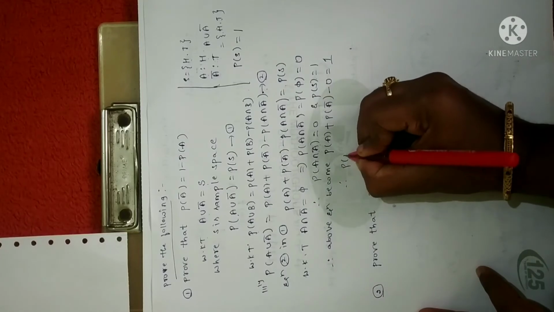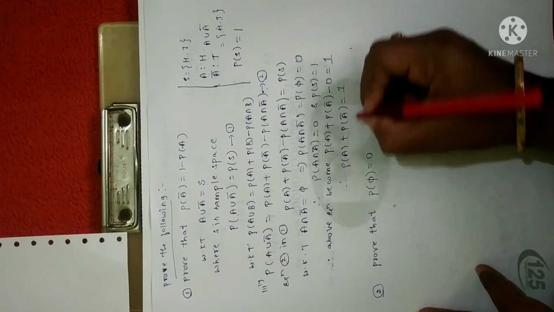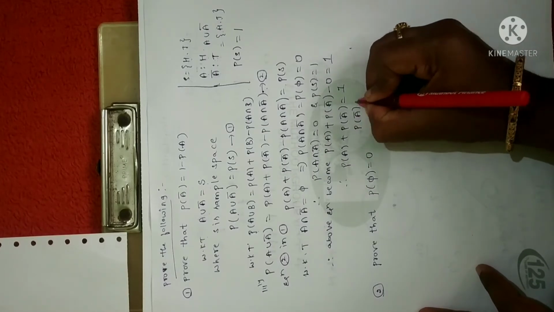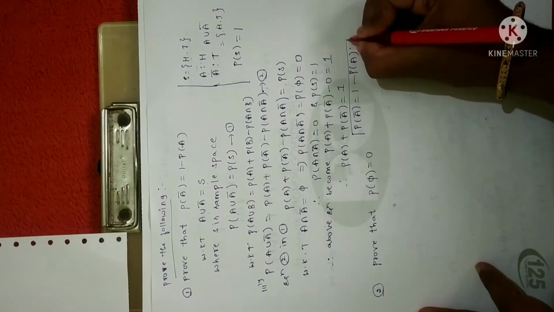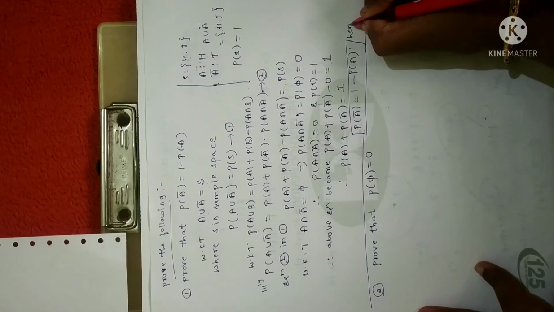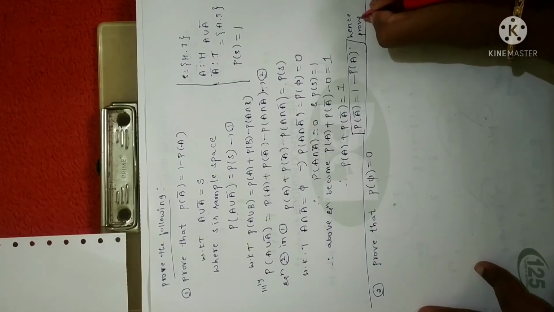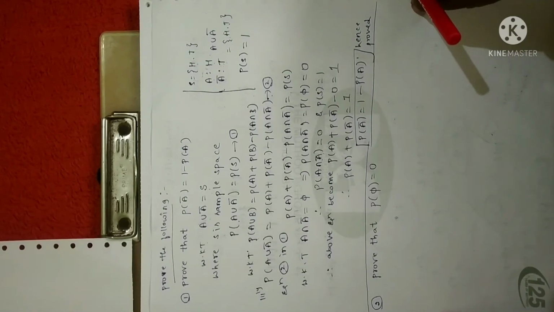Therefore, probability of A plus probability of A bar is equal to 1, or probability of A bar is equal to 1 minus probability of A. Hope it is clear, hence the proof. So you just practice so that you will understand well.